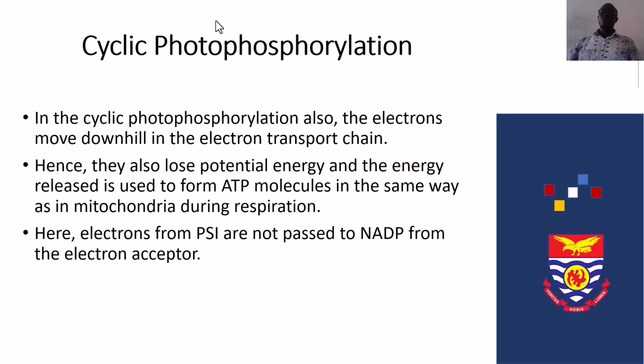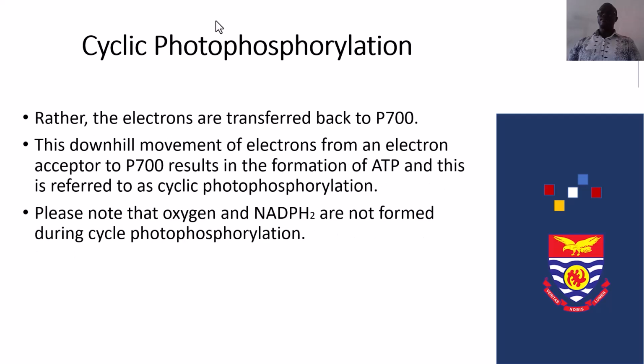In cyclic photophosphorylation, the electrons also move downhill in the electron transport chain. Hence, they also lose potential energy, and the energy released is used to form ATP molecules in the same way as in mitochondria during respiration. Here, electrons from photosystem 1 are not passed to NADP from the electron acceptor.